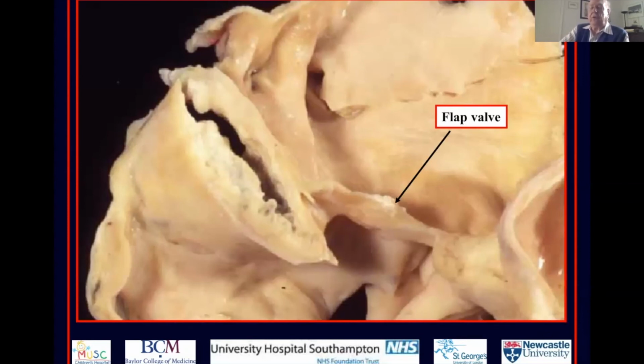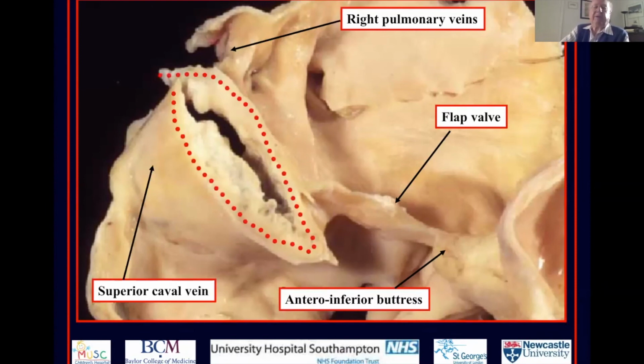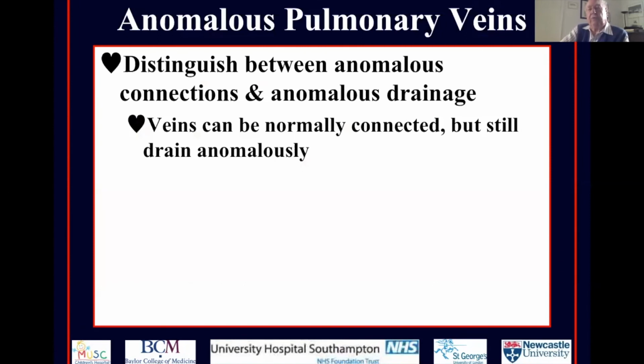Because the floor of the atrial septum is the flap valve, and that is the primary atrial septum. The true second atrial septum is this anteroinferior buttress. And there is a deep groove between the openings of the right pulmonary veins into the left atrium, the superior caval vein into the right atrium. And I hope by now you all realize that the so-called septum secundum in reality is the superior interatrial fold.